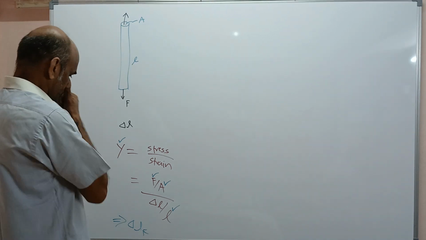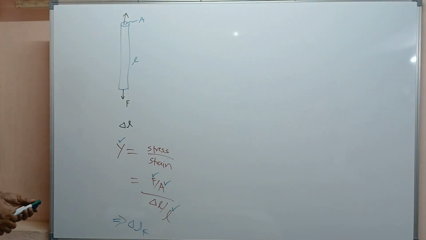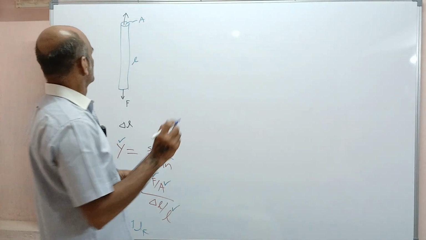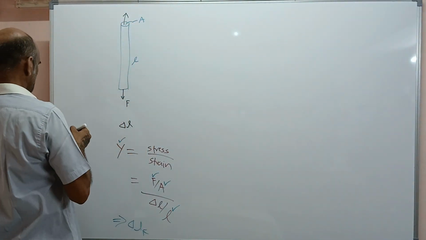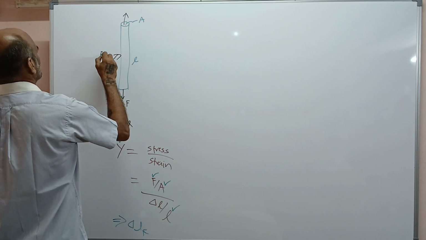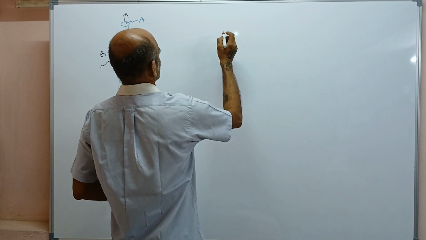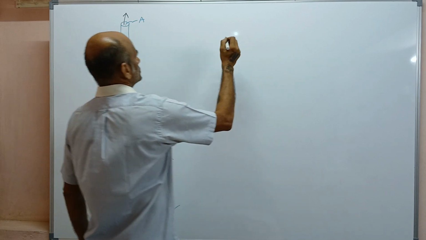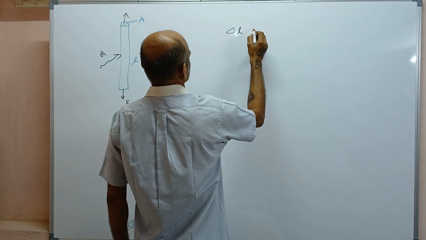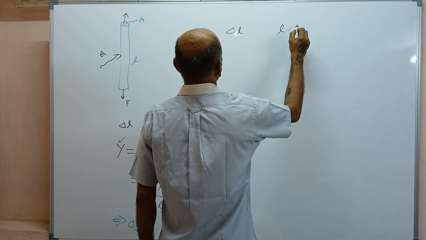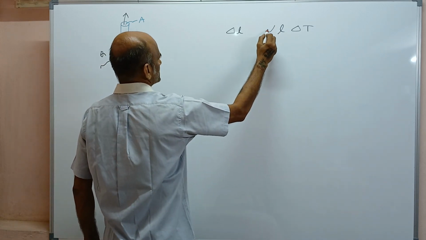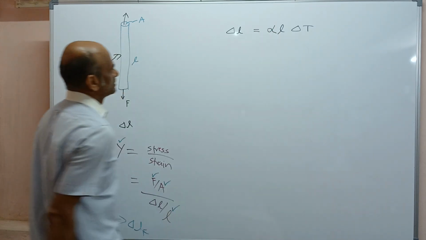So that is the change in length due to the external force. Similarly I can change the length by one more method, that's by heating or cooling the rod. Suppose I supply heat to it. The temperature will go up. So the change in the length is proportional to the original length, and also the amount of temperature rise delta T, and the constant of proportionality is the coefficient of linear expansion alpha of the rod or the material of the rod.